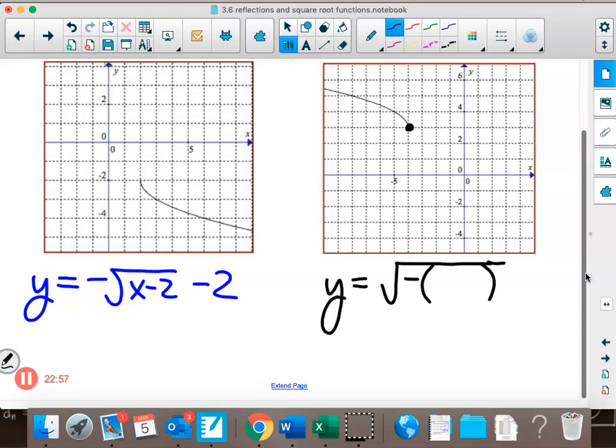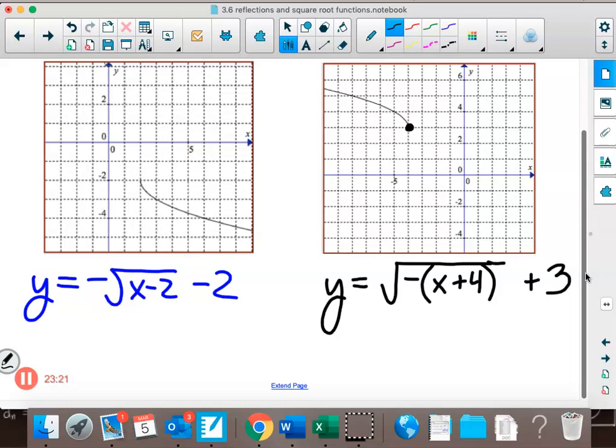We have moved this 4 to the left and 3 up. So 4 to the left, what would go in here? X plus 4. And then 3 up out here, plus 3. Now, if you want to write negative x minus 4 in here, that's fine.